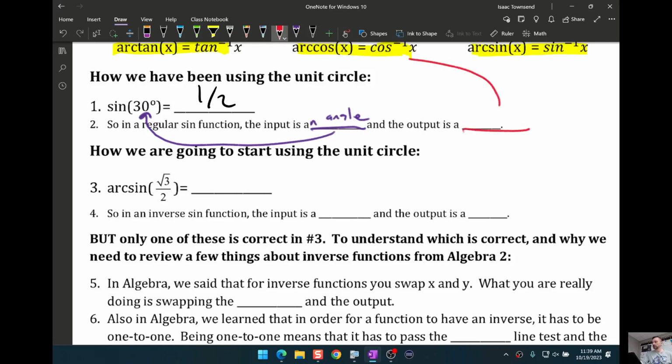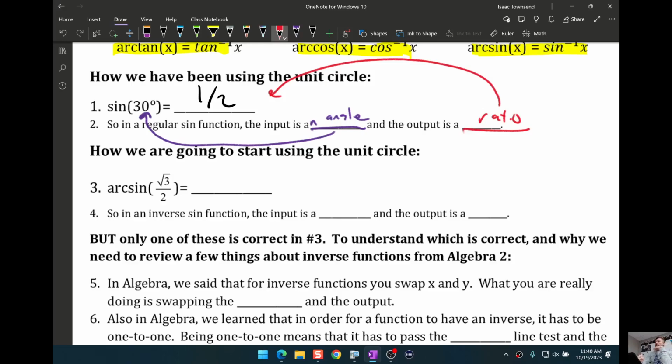But the output is a ratio. It's telling us for every 1 in the opposite length, there would be 2 in the hypotenuse length. So that is how we've used the unit circle 99% of the time at this point in the year. The input is an angle, the output is a ratio.